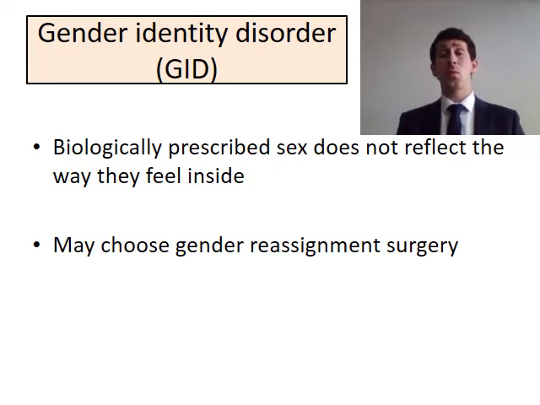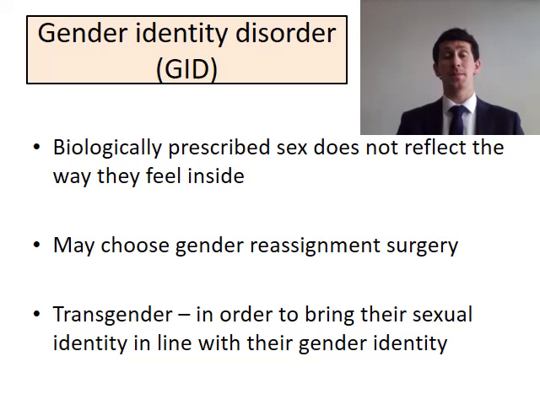And often these people may choose to have gender reassignment surgery and therefore become transgender, where they try to bring their sexual identity, so the fact they're male or female, in line with their gender identity. So they want their biology and their genitals to match how they feel with their gender.